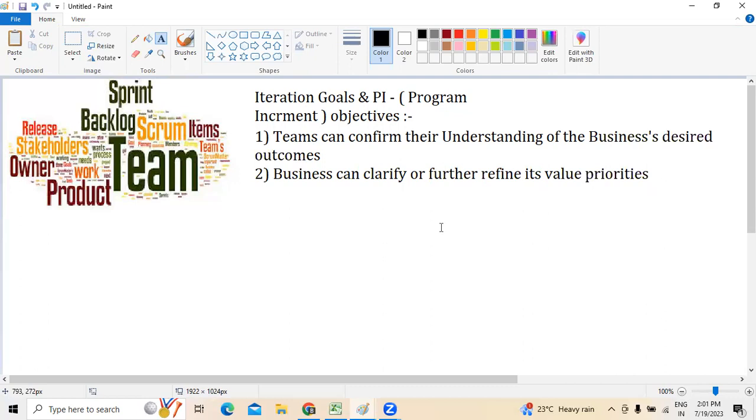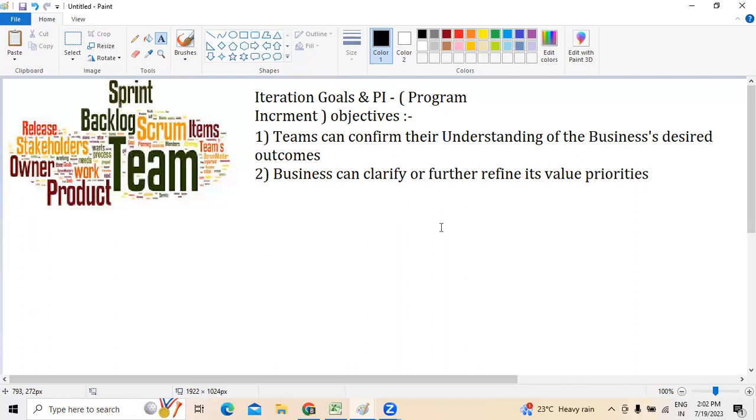So in a PI planning, which we normally do, the business gives its prioritized list to the agile release trains, like ARTs. Then teams on the ART sequence those stories as well as features based on the priorities as well as the capacities really needed.